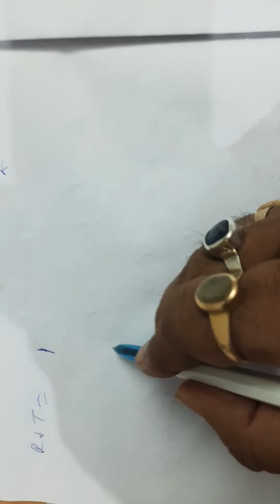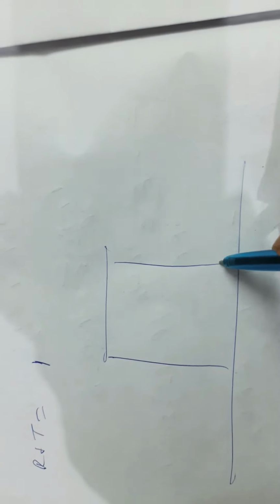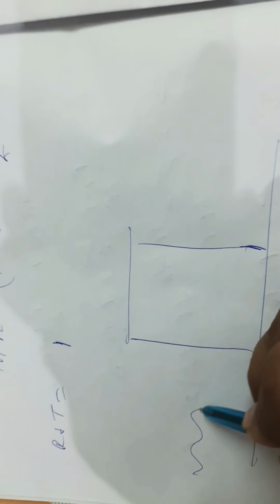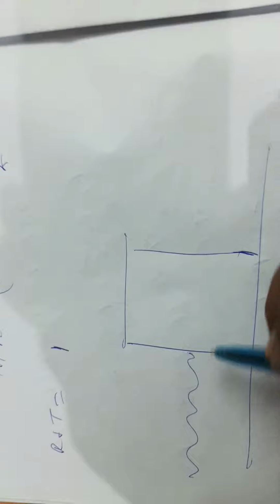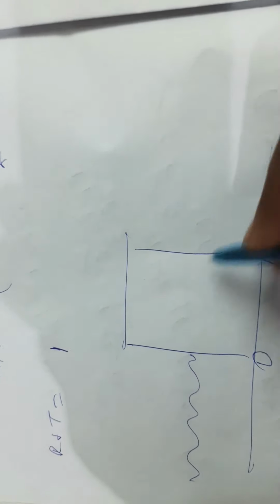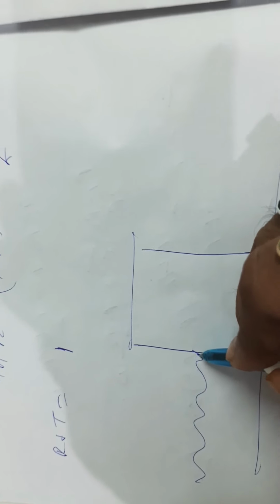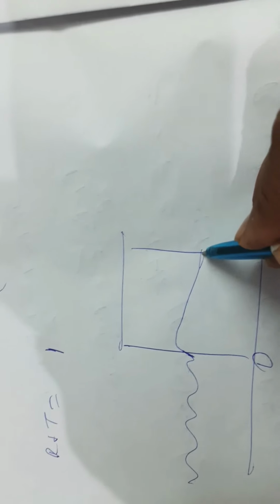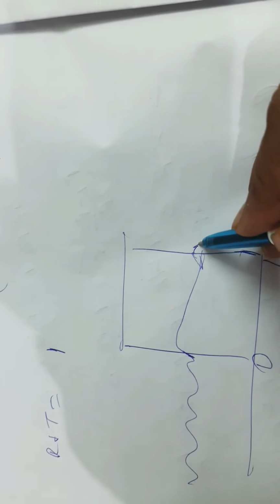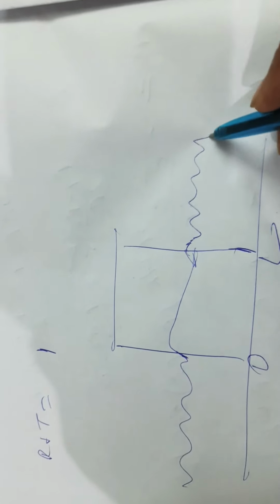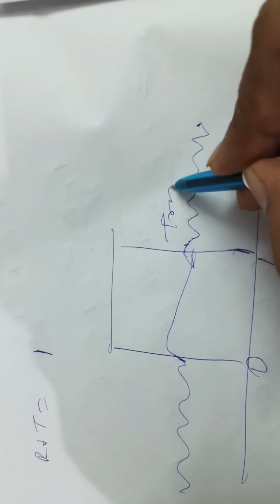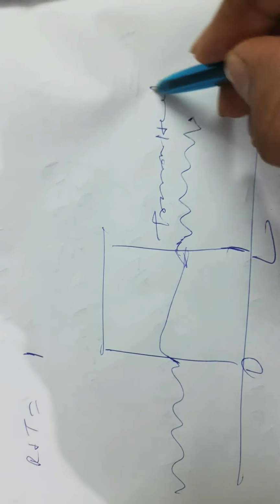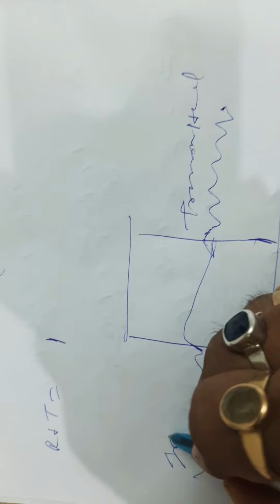So the wave function can be depicted like this, if this is the barrier. In region 1, this is 0, this is L, so it will be something like this, and then it tunnels through like this. So this will be your transmitted wave, and this is your incident wave.